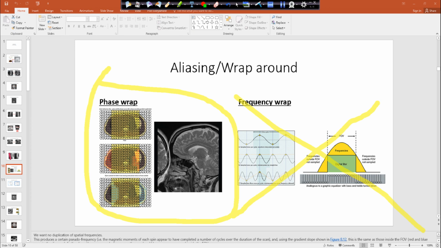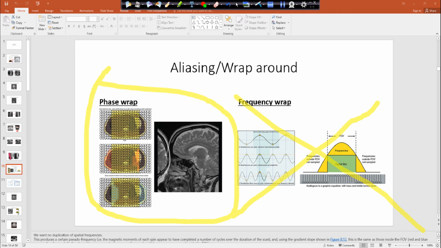It takes all the frequencies and eliminates any frequencies outside the field of view. It makes sure that we get adequate number of sampling, because we don't want that Nyquist theorem to have basically to encode the data incorrectly in the frequency direction by having an undersampling of the frequencies. So the system really just compensates for this.